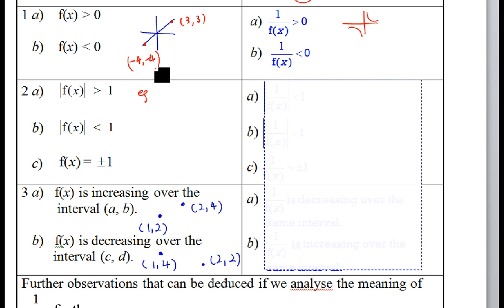If I take the reciprocal of 3 here, I will get a number that is smaller than 1. Correct? If mod f(x) is greater than 1, 1 over mod f(x) should be smaller than 1. Follow? That means, for example, 1 divided by 4 will be smaller than 1. Of course.